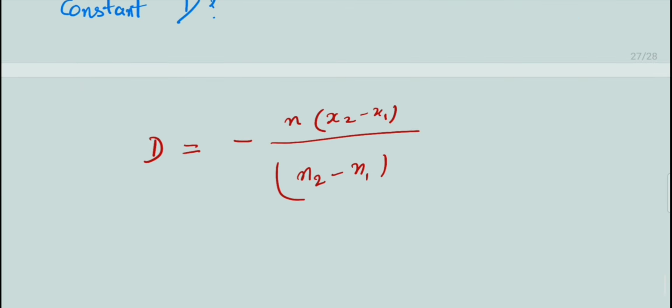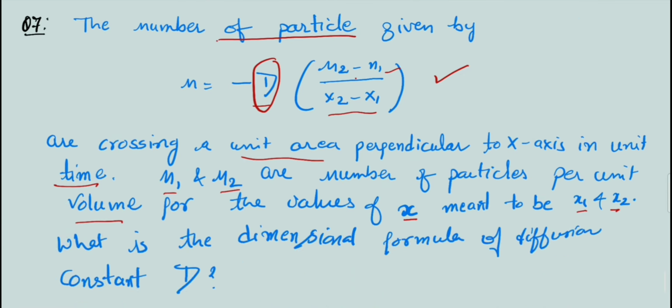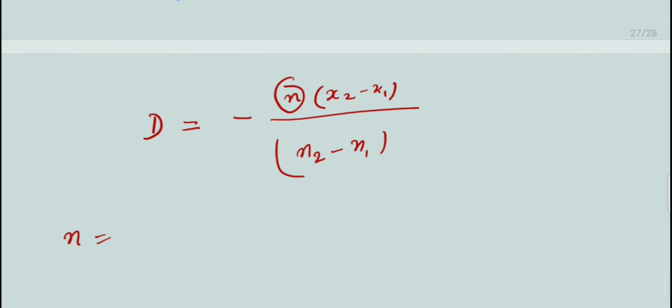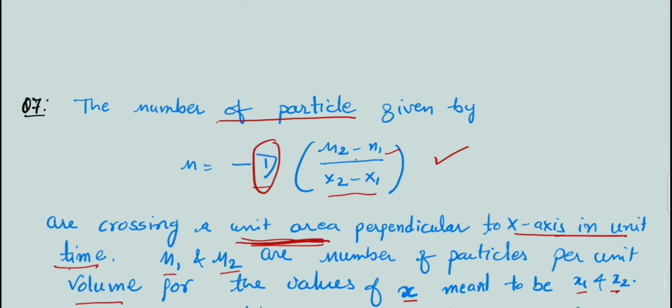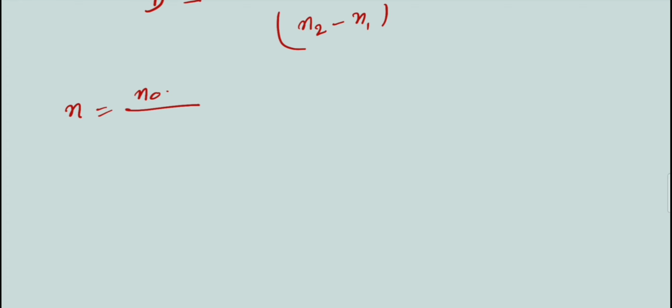So here see what is this n? n is equal to the number of particles crossing a unit area perpendicular to x-axis in a unit time. So we can write this as number of particles divided by unit area per unit time.